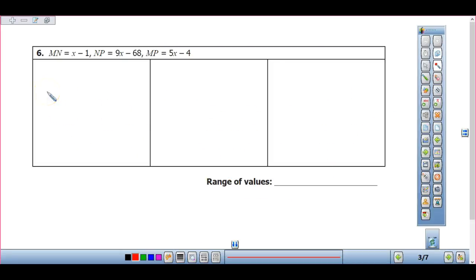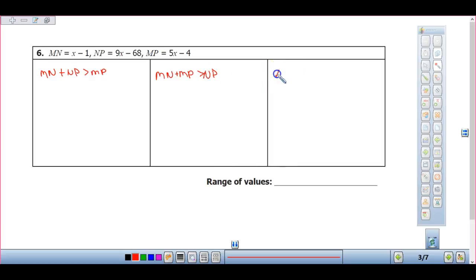So if we do one more, okay, I've got MN plus NP has to be greater than MP. I've got MN plus MP has to be greater than NP.